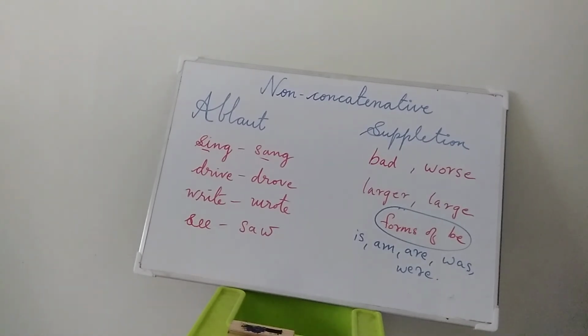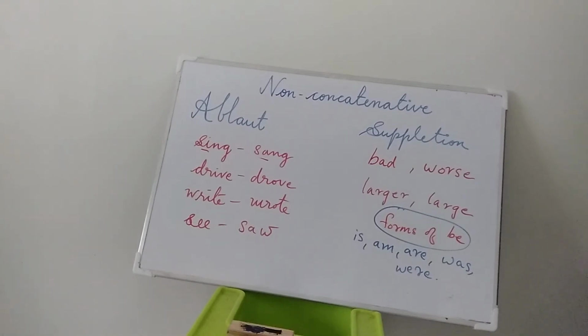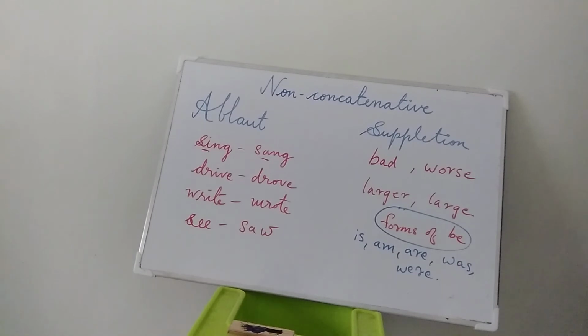So suppletion means, see, worse can be used to denote bad. Larger can be used to denote something that is large, right? So suppletion is the use of one word as the inflected form of another word. So worse is considered as an inflected form of bad.